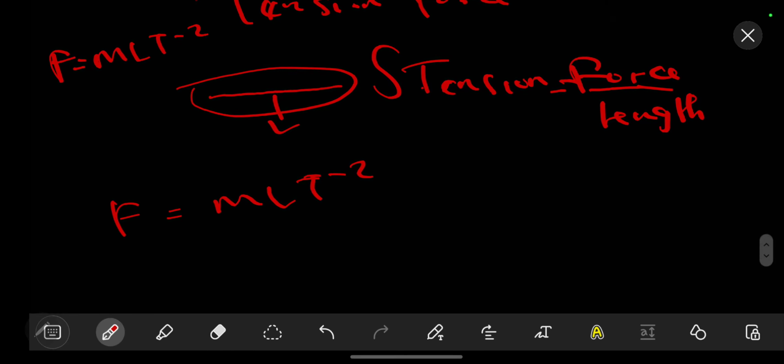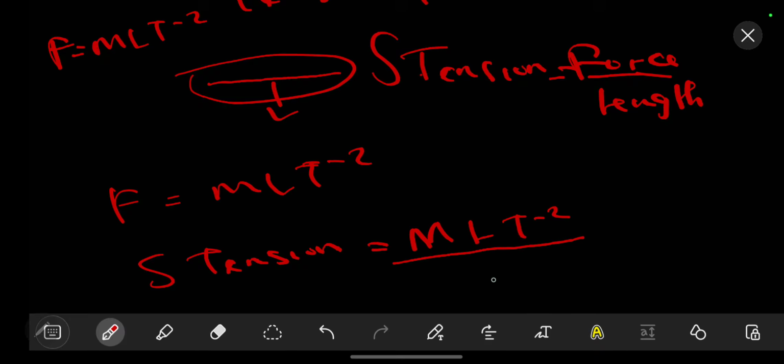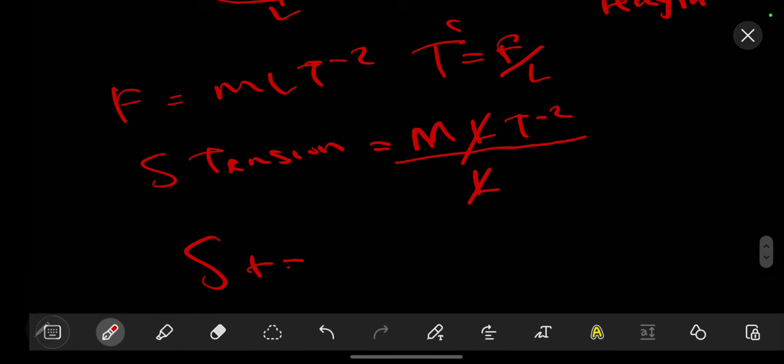Therefore, the surface tension will be equal to MLT^-2 over the length, since surface tension is force over length. We can cancel the L, so the surface tension becomes equal to MT^-2. So this is our dimensions for the surface tension.